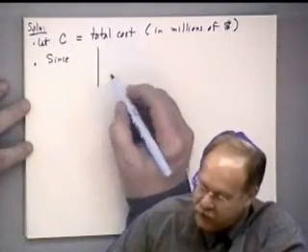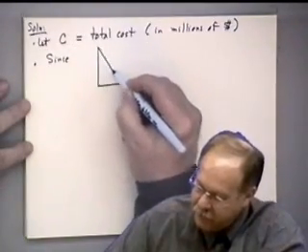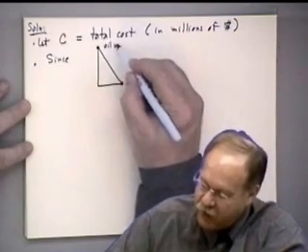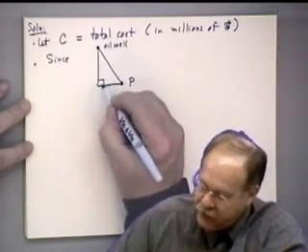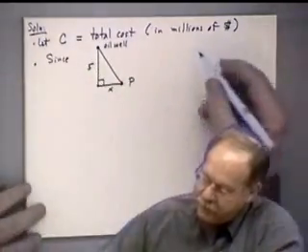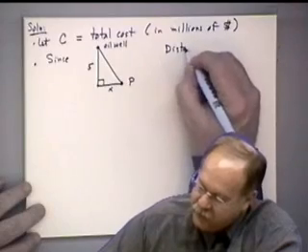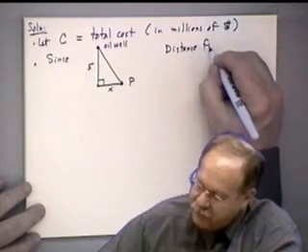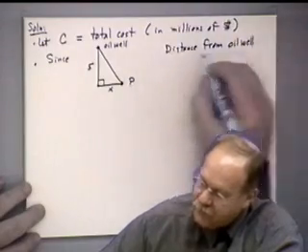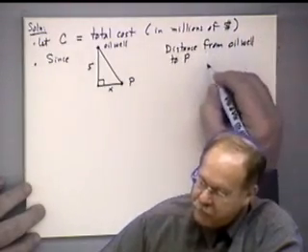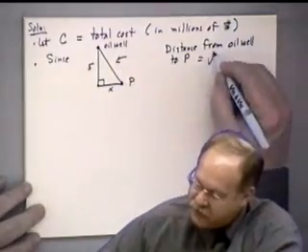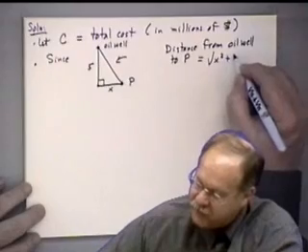So let me redraw the right triangle here so we have it in front of us to work on. This is the point P down here. This point up here represents the oil well. This is a right triangle. This distance is the x, and this is 5 kilometers from shore. So we now know, using the Pythagorean theorem, that the distance from the oil well to the point P is going to be equal to the square root of x squared plus 5 squared.